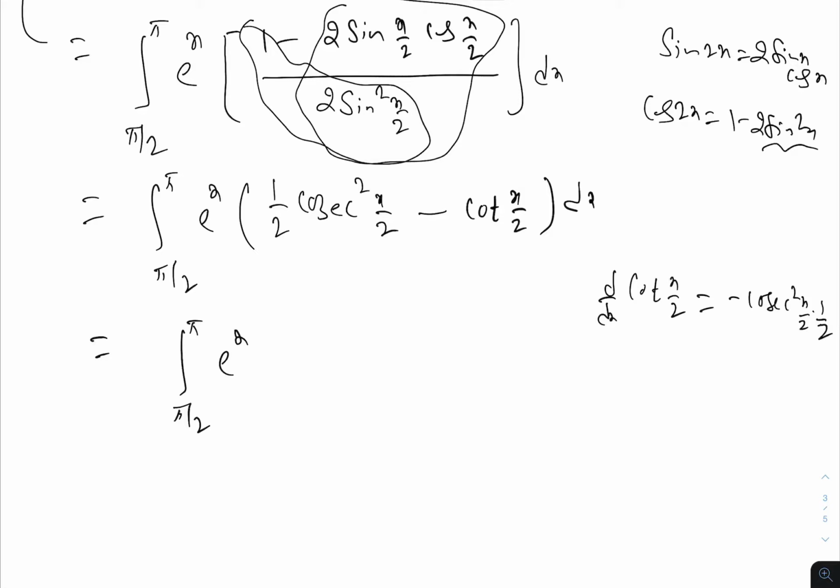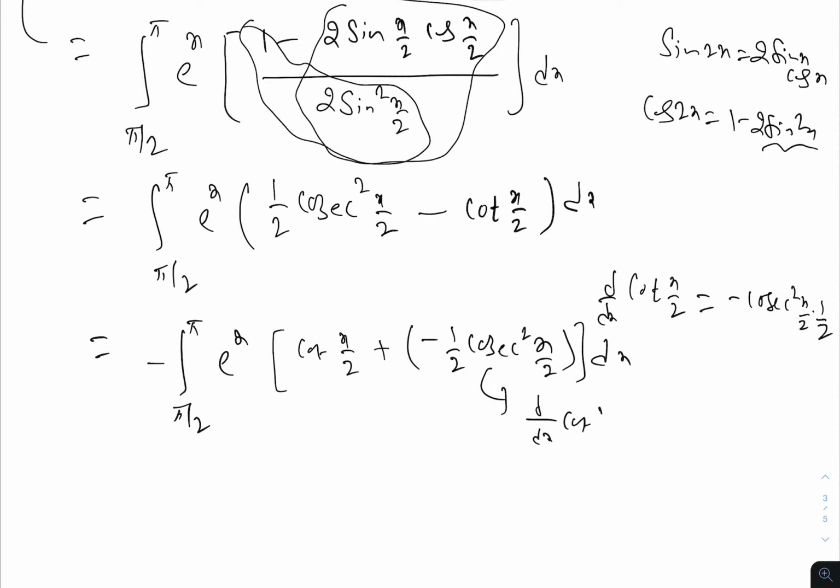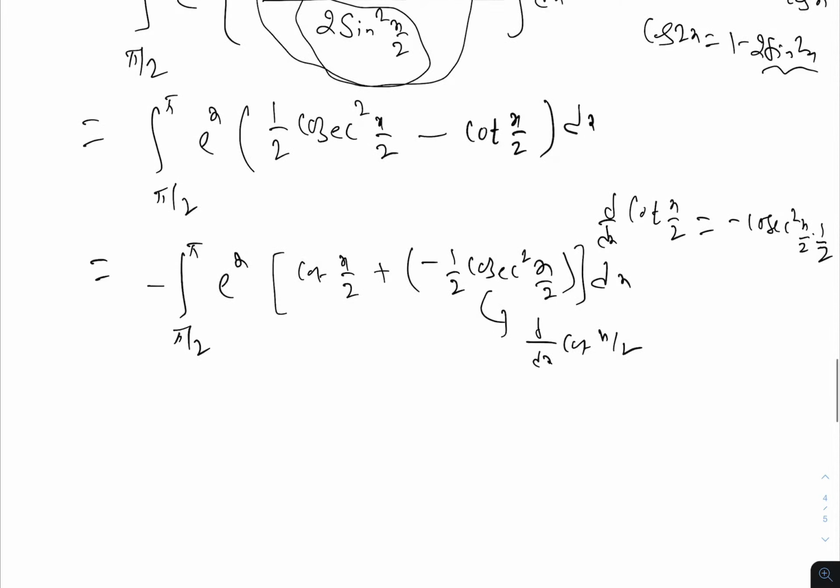I can write minus sign outside like this, and cot x by 2, then plus minus 1 by 2 cos x square x by 2. So this is nothing but the derivative of cot x by 2. So f(x) plus f dash x.